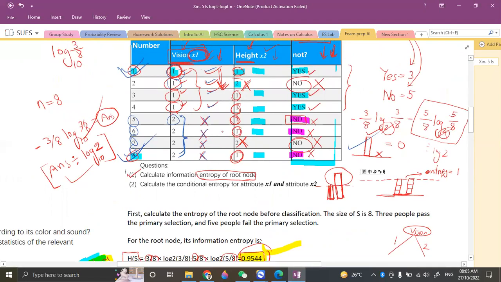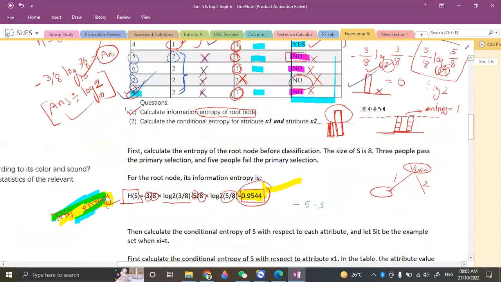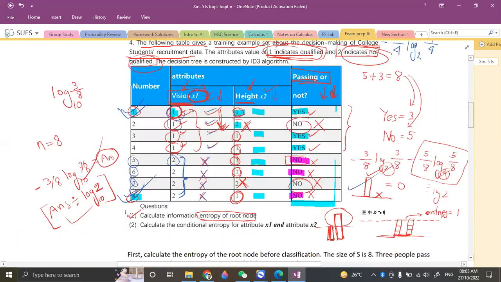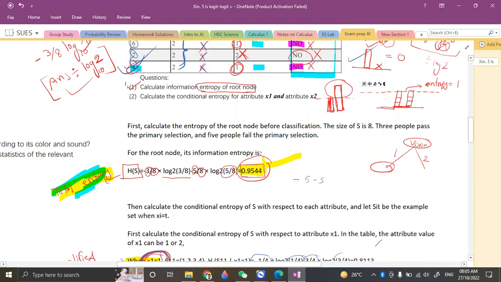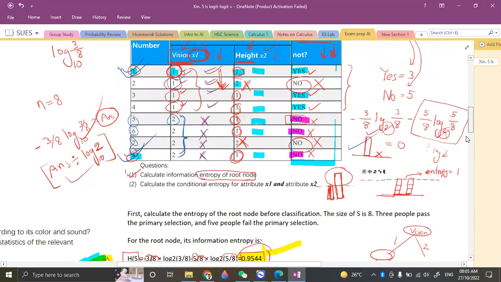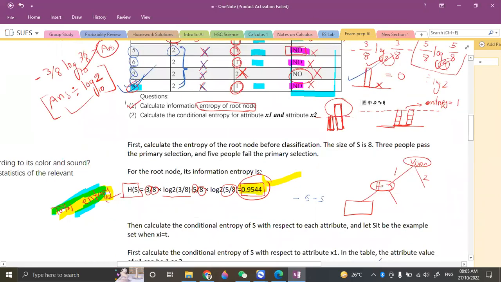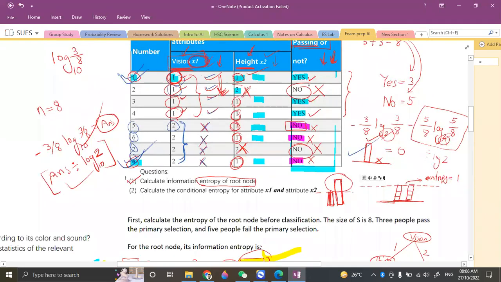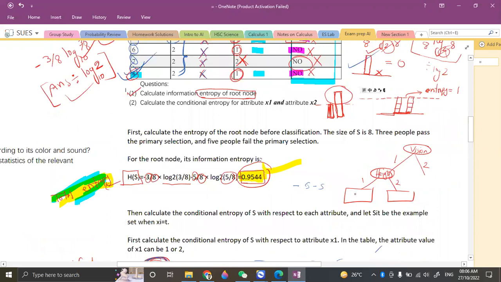So vision is the root node, and then we check whether vision is qualified or not. If vision is qualified, then we have two options. One is height. If height is qualified, then it is yes, selected.